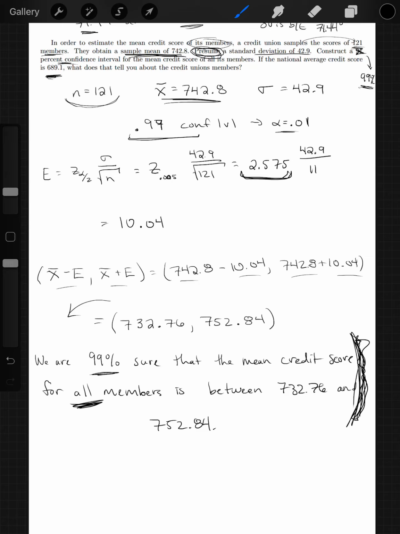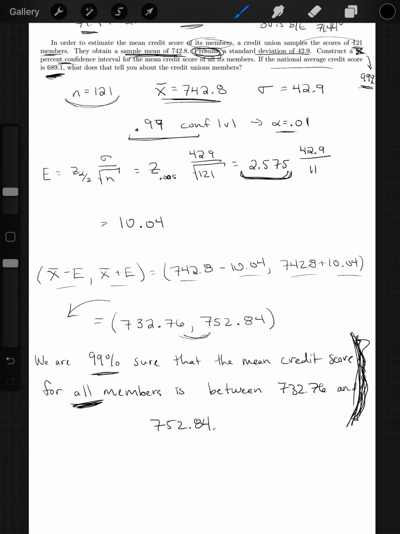So the question for this one is, if the national average credit score is 689.1, what does this tell you about credit union members? We don't know for certain what the average credit score is for this credit union, but we do know that it's somewhere in here.